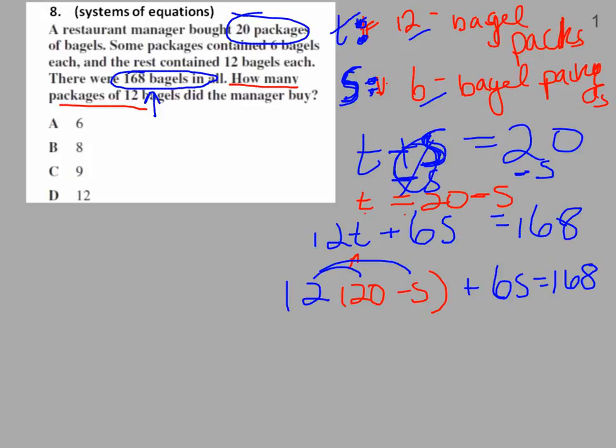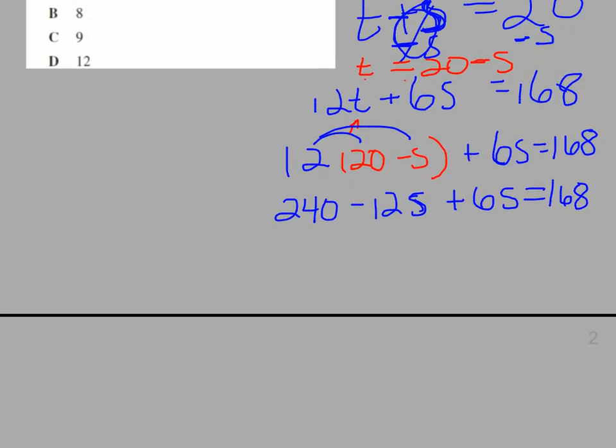So we get 240 minus 12S plus 6S equals 168. Combine our like terms: that becomes negative 6S, because that's what negative 12 and positive 6 make. So we have 240 minus 6S equals 168.